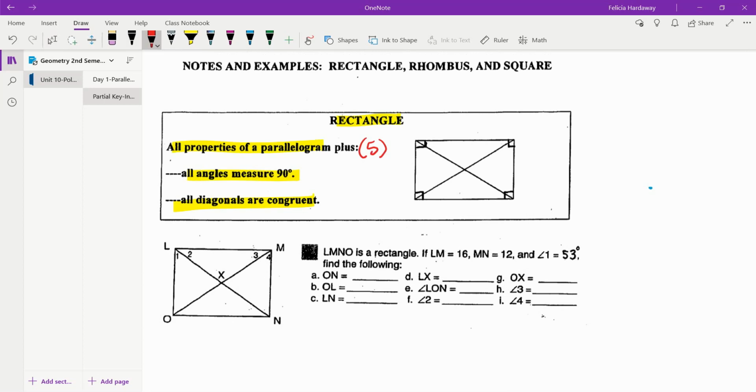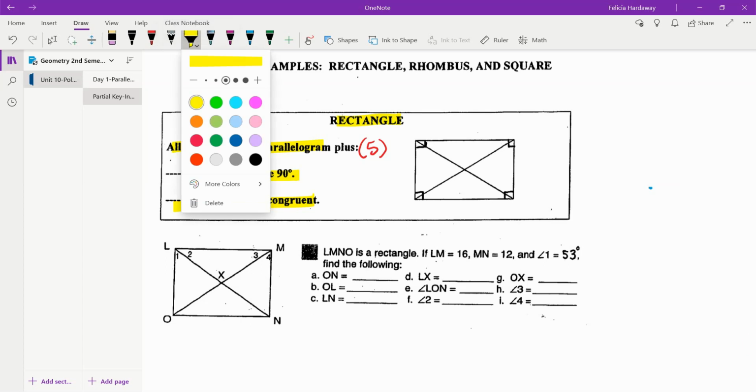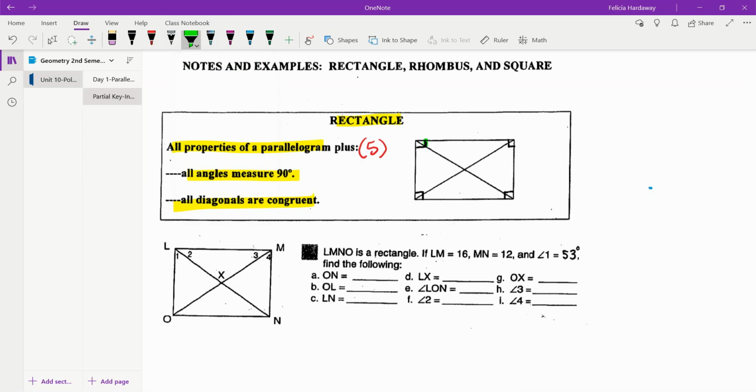Now, another property that exists, and I'm going to try to use highlighter color coding, is that the diagonals create isosceles triangles. Now, they don't bisect, but this little piece of this angle here and this piece here are the same.